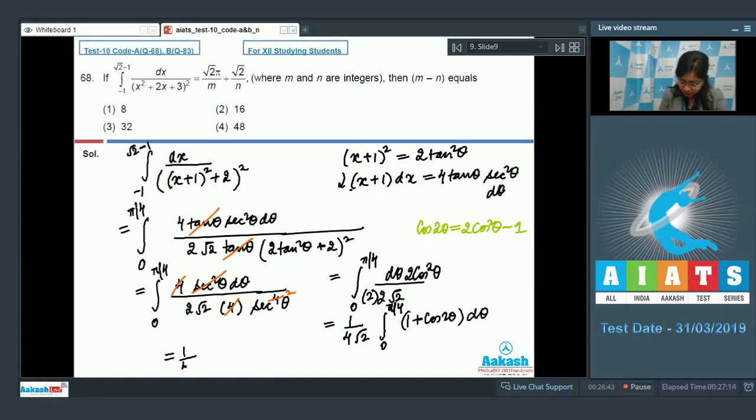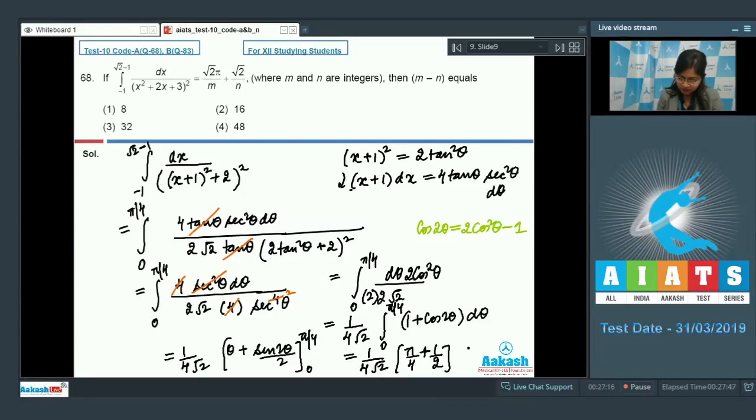So this is equal to 1 upon 4√2 into the integral of dθ, that is θ, plus the integral of cos 2θ, which gives sin 2θ upon 2, and the limit is from 0 to π/4. So this will be equal to 1 upon 4√2 into π/4 plus sin(π/2), that is 1 upon 2, that is plus half, and when I put 0, we get 0.